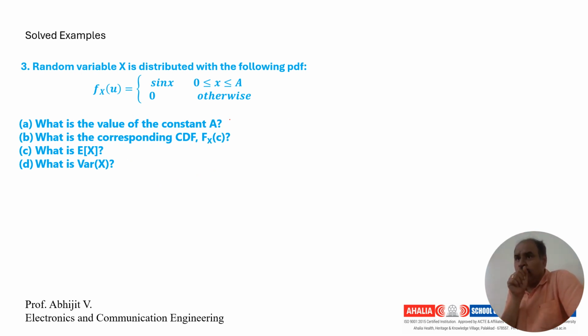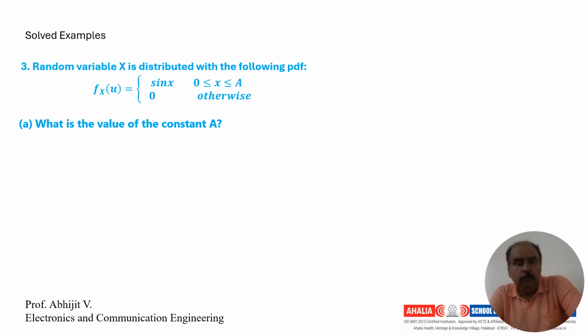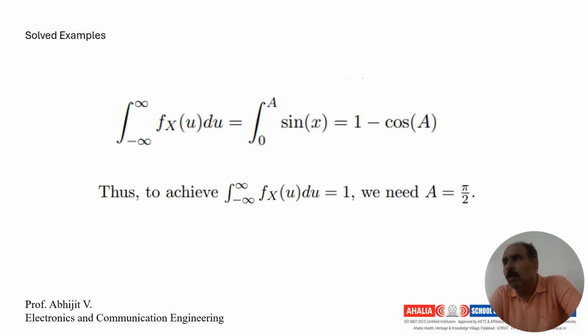I want you to solve this problem and give me the answers. The value of A is pi by 2. Very easy, you substitute from 0 to A sin x.